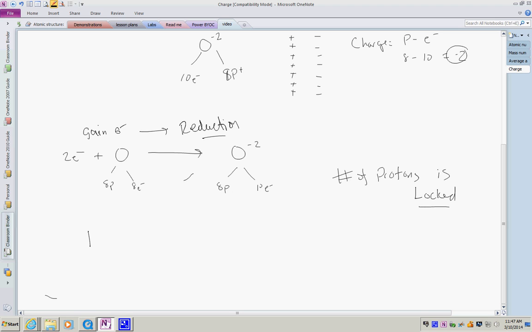As opposed to if we have two F negatives going to an F2 molecule with no charge. In this case, there are 2 atoms there. Each of them contains 9 protons. Let me back up a second here.